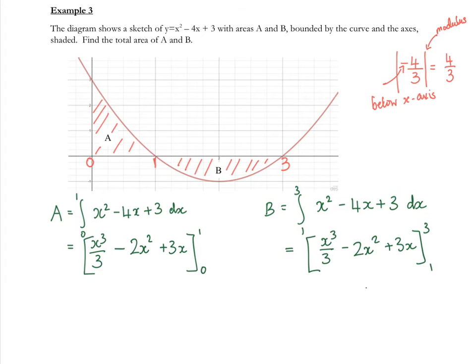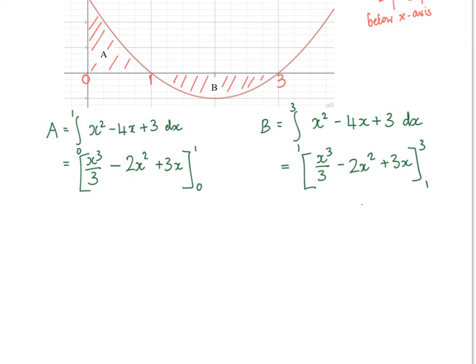So if we calculate these separately, we're going to get for this one, substitute 1 in, 1/3 minus 2 plus 3. Put the lower limit in and we're going to get 0. So altogether that works out to be 4/3.